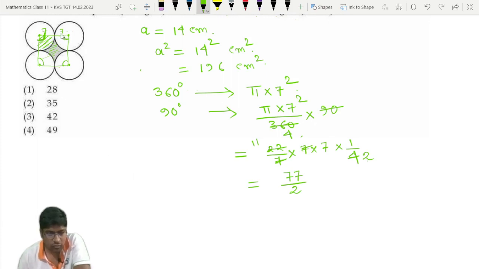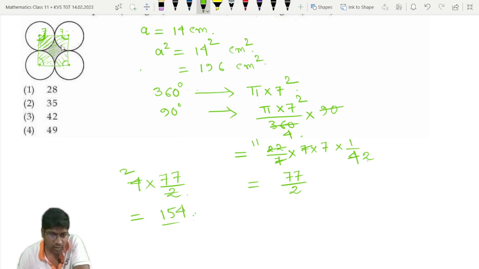All four sectors are of the same area, so the total area of the 4 sectors is 4 into 77 by 2, which is 154.